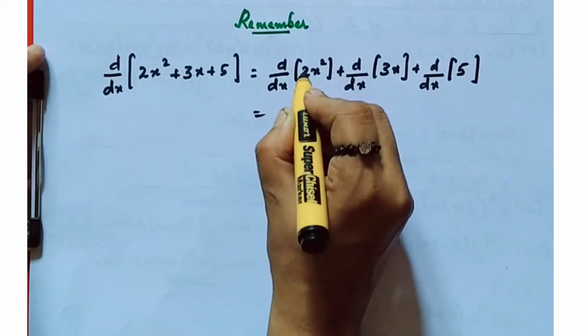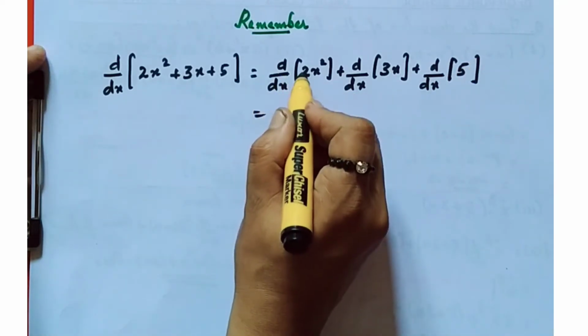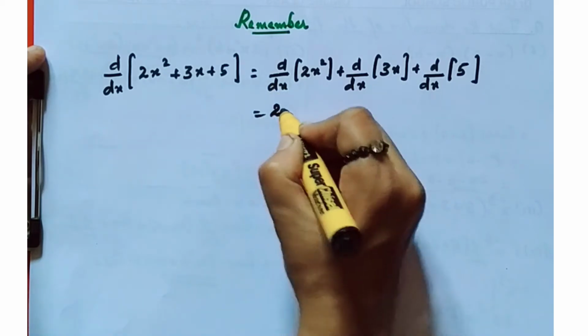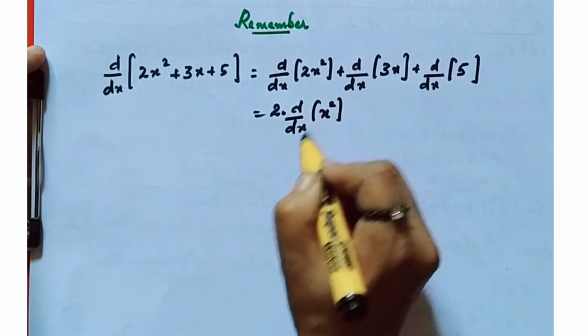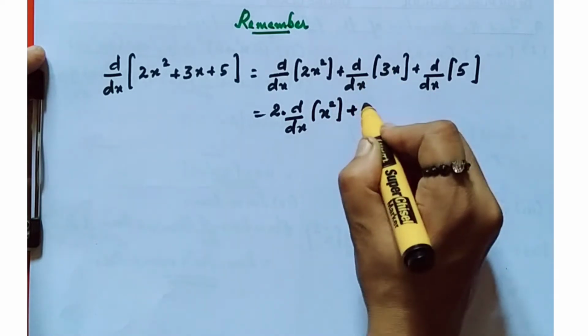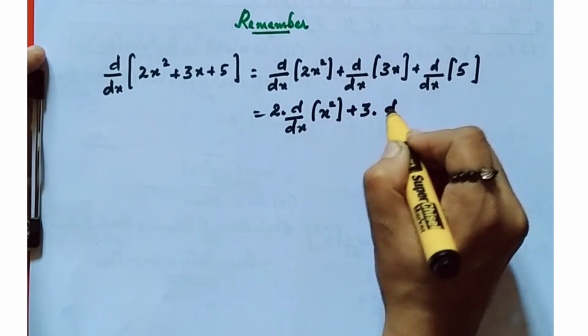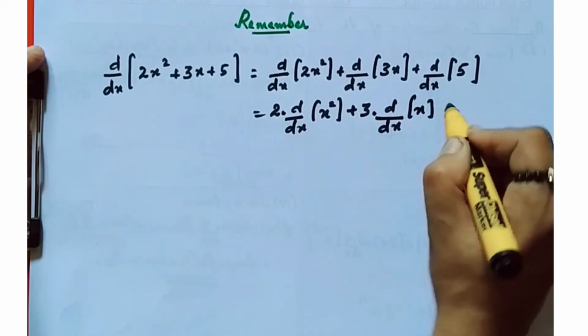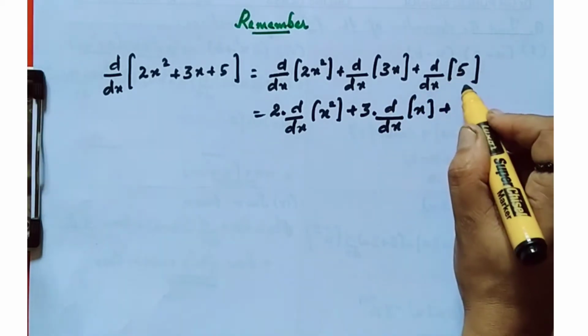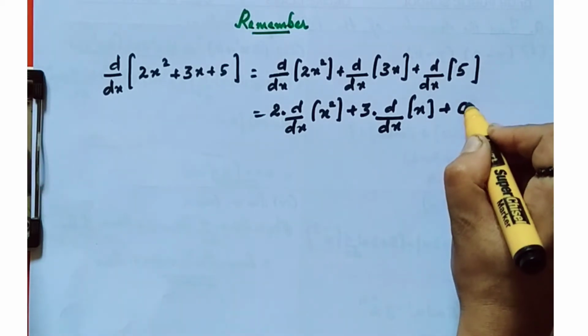2 is a constant. Whenever a constant comes within the derivative, you can take it out: 2 into the derivative of x square alone, plus 3 is a constant that you can take outside of the derivative, and d by dx of the function x, plus here 5 is a constant. Anyway, the derivative of the constant is 0.